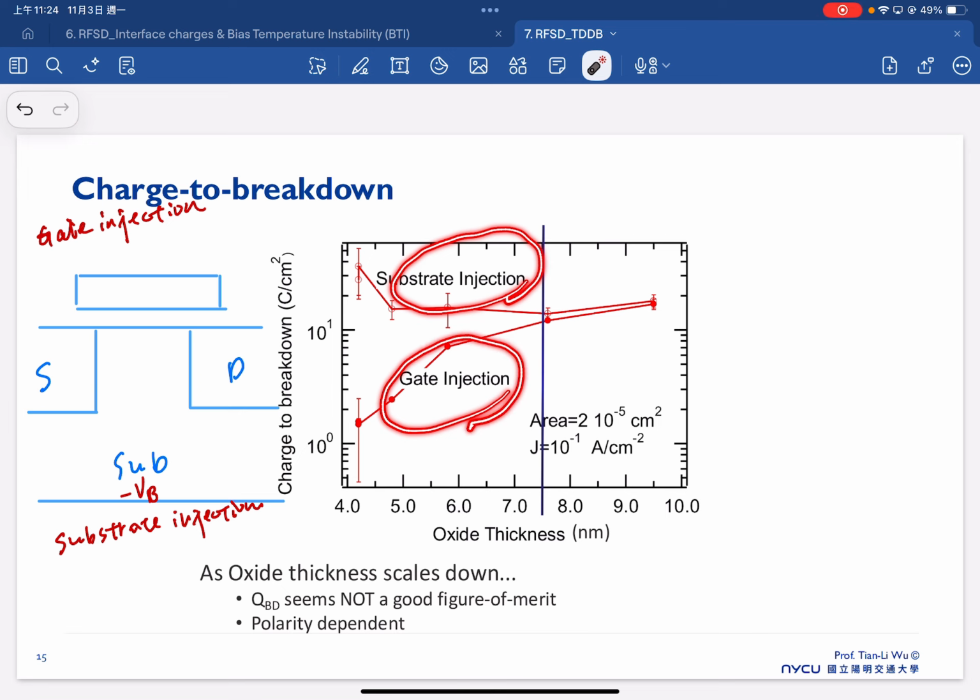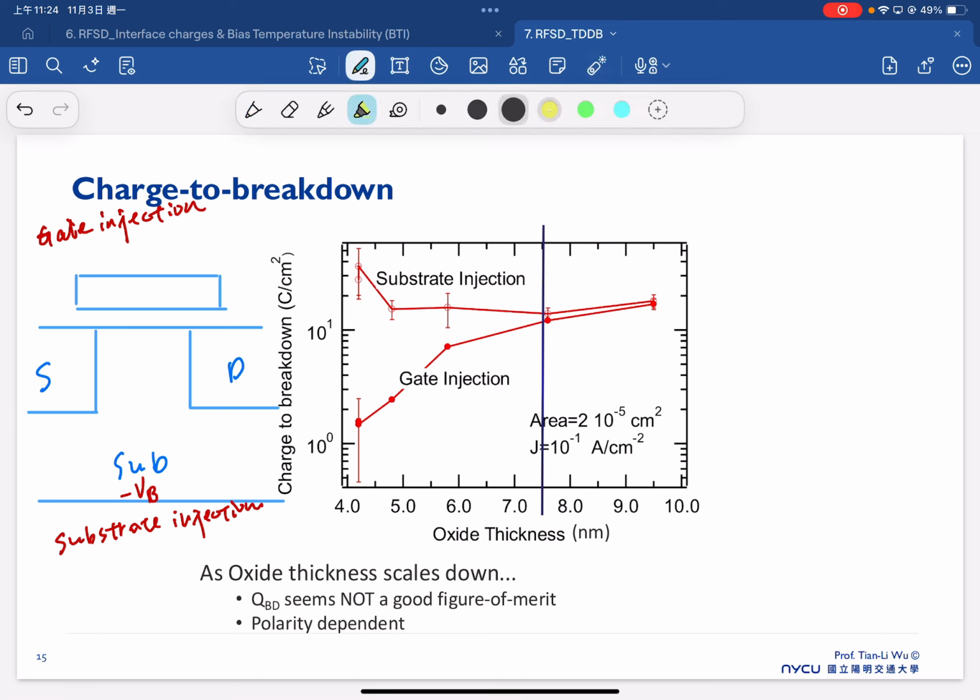That means QBD seems not a good figure of merit anymore, because once we go to a very thin dielectric, the charge breakdown is not the main degradation mechanism leading to the TDDB effect. There must be something else that influences the result.